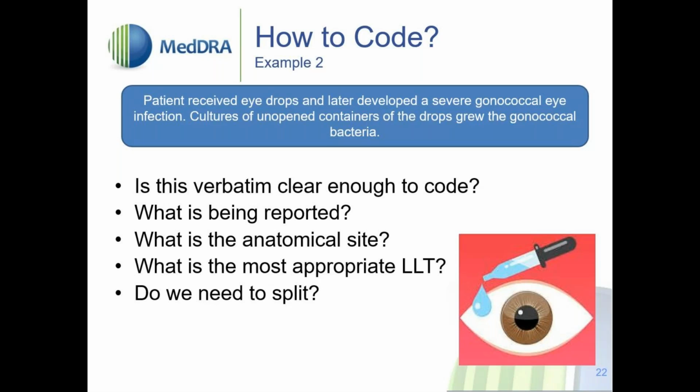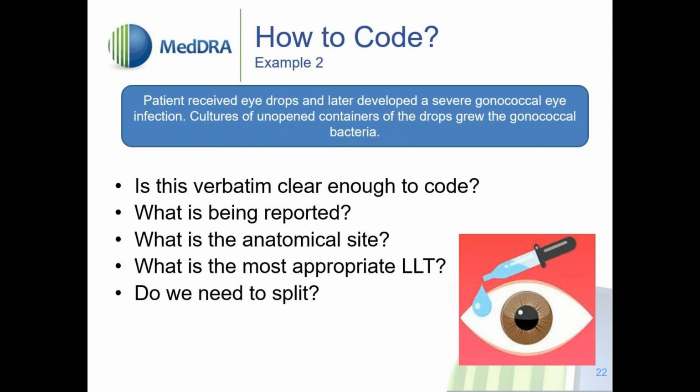So here, let's break this down. I would look at many things that have happened here. The patient received eye drops, so we know they've got eye drops in their eyes, and they developed a gonococcal eye infection. So they got an eye infection, which is specifically a gonococcal one. Then additional facts are provided.